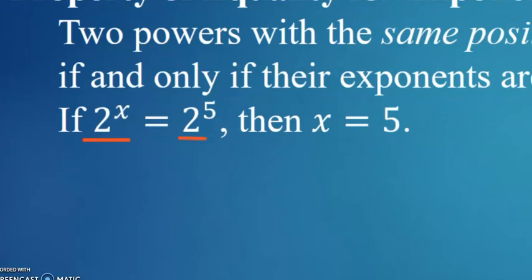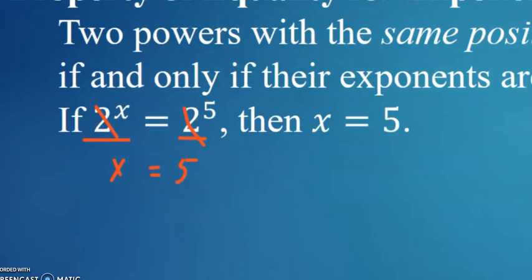In this case, if you think about the equation, the left and right sides should be equal, am I right? That's why we can easily eliminate the bases, and then the exponents can be just reduced to x equal to 5. That is our answer.